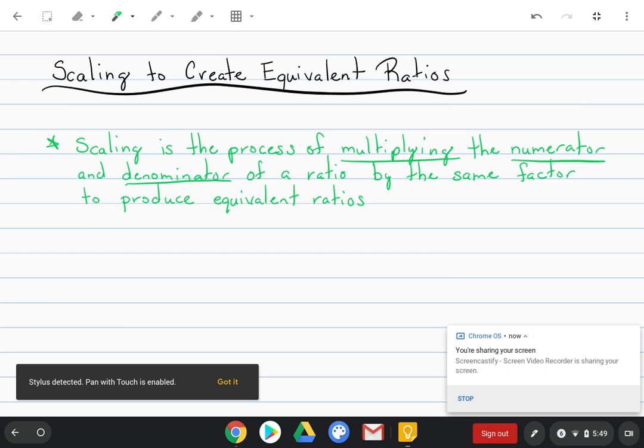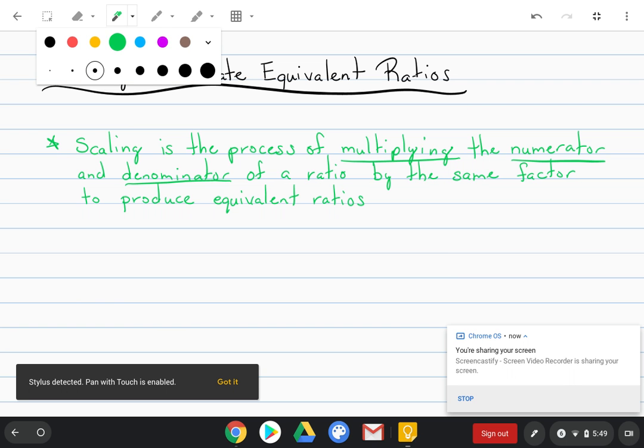If you don't know what a ratio is, the technical definition of a ratio is a comparison of two numbers using division, but the non-technical definition of a ratio is just a fraction. So anytime you hear me talking about a ratio, I'm just talking about a fraction.